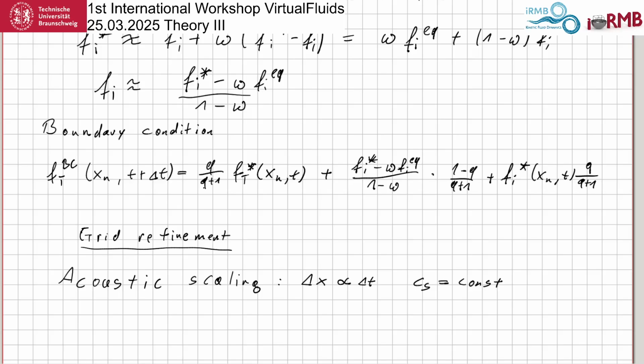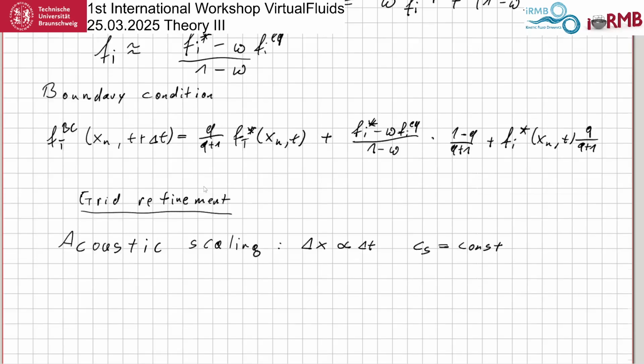This is important because we have this fixed speed of sound in Lattice-Boltzmann, and we want to have the same speed of sound in whatever region of refinement, even if we consider the problem that we are solving as incompressible.